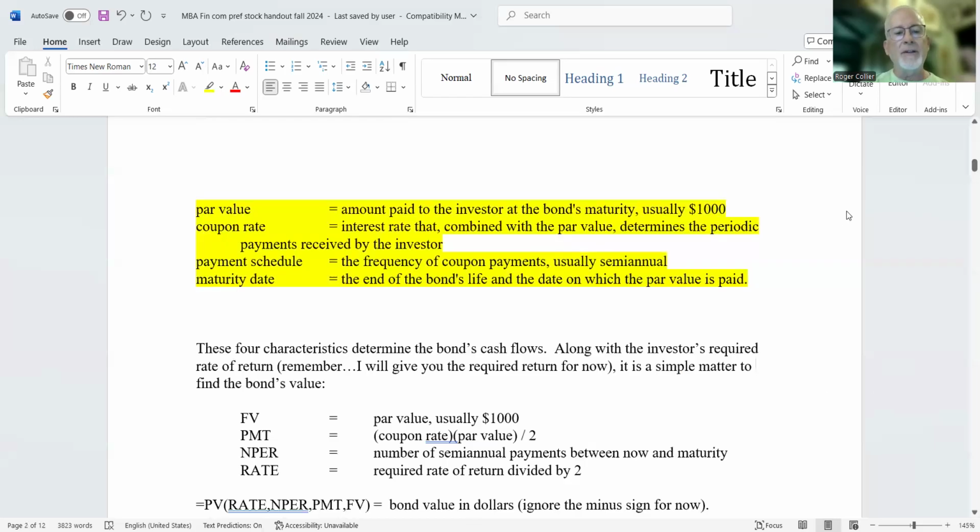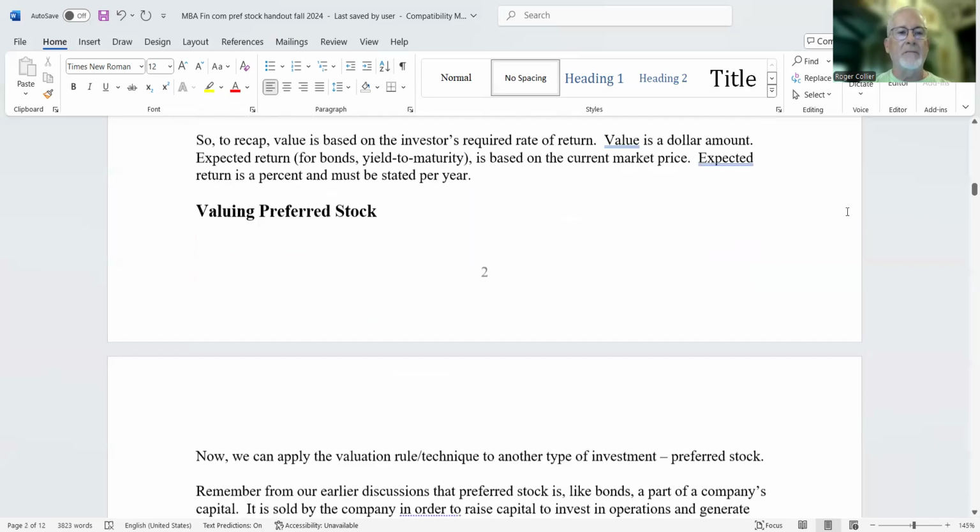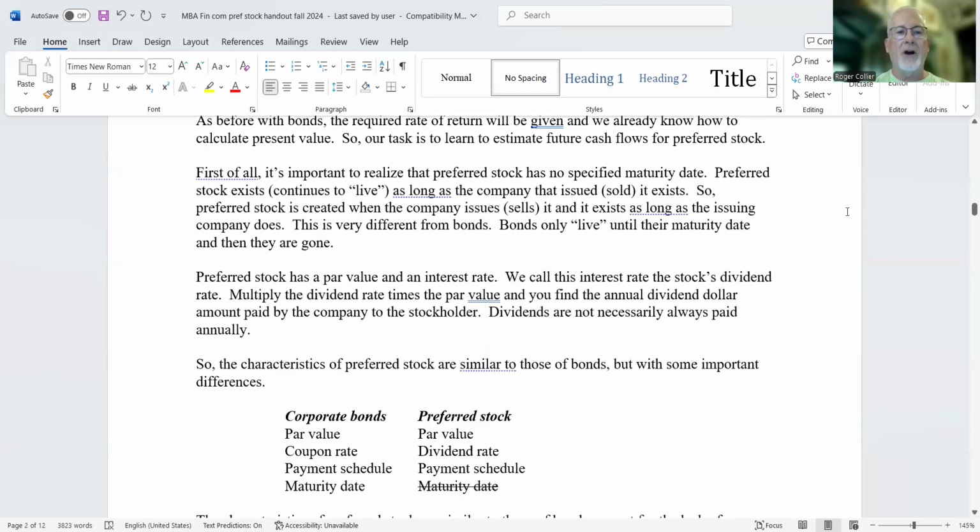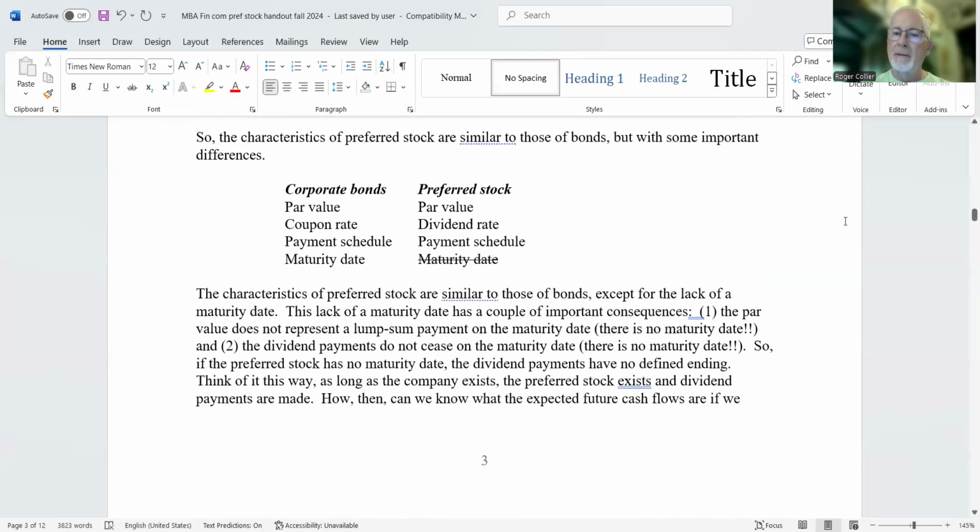Then we took this same process a step further to talk about preferred stock. Here on page 3 of the handout is the little table we looked at. For corporate bonds, we always have these 4 characteristics: par value, coupon rate, payment schedule, maturity date.